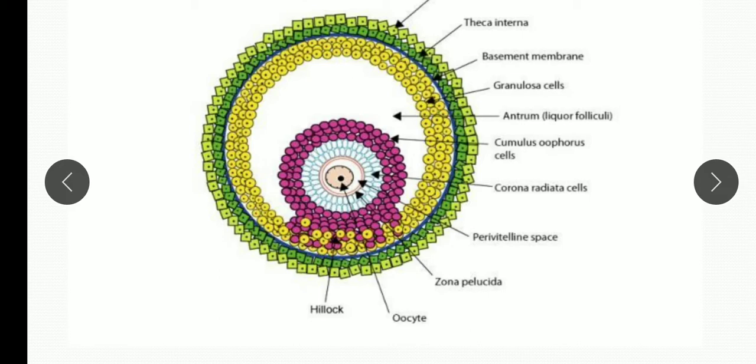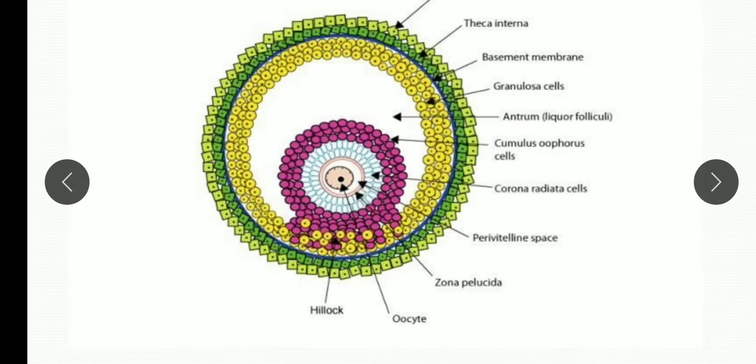So you can see the three layers from the inner side to the outer side. The zona pellucida is the first layer, then the corona radiata, and after the corona radiata come the cumulus oophorus cells.